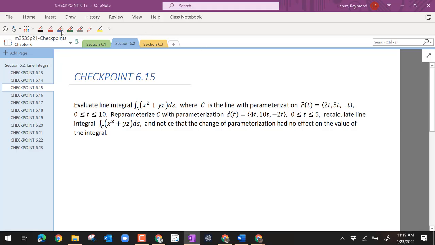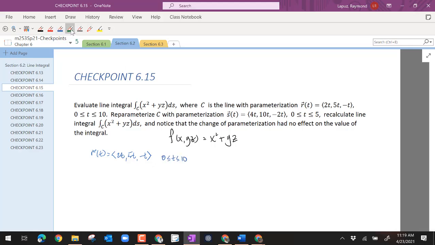All right, so let's establish some information here. We have a scalar function, which we'll denote by little f of x, y, z, and that's equal to x squared plus yz. We have two parameterizations: one, r of t, equal to 2t, 5t, negative t, and this goes from 0 to 10.